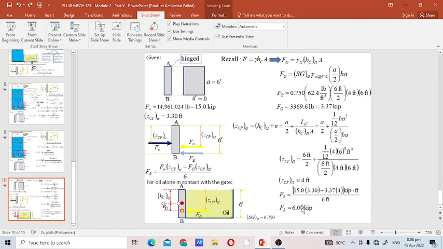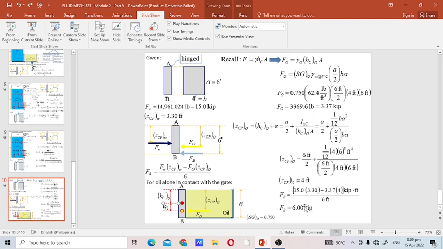At take note, positive yung sagot. Pag positive, ibig sabihin, tama yung assumed direction natin, to the left. Kasi pag nag-negative yung sagot dito, sabihin yung actual direction ay to the right. Kaya lang dahil positive, sabihin tama yung direction.